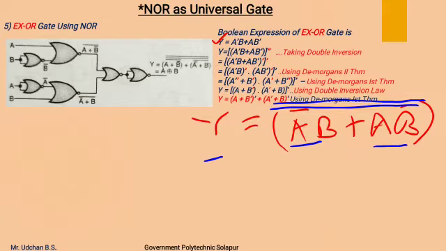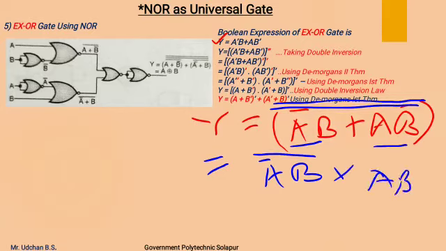So we will solve the one complement, that is A complement B, its complement into AB complement, its complement, and one more complement is there.